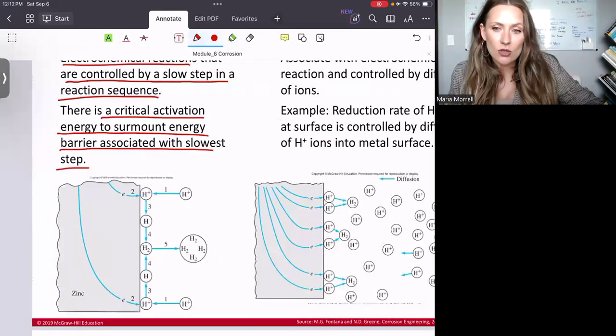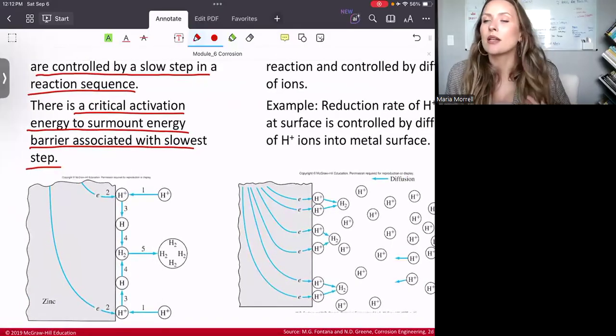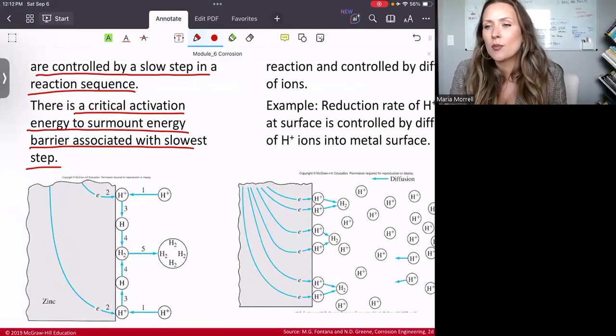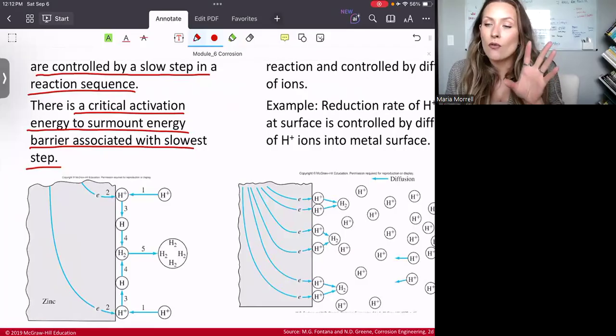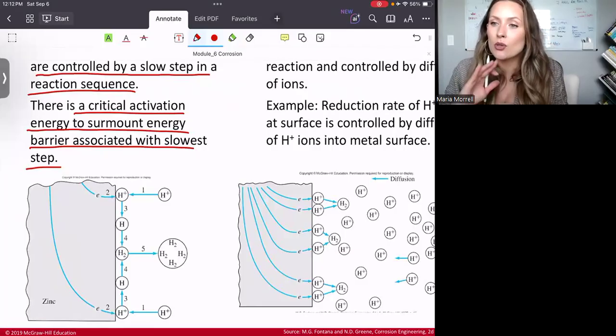And allow me to zoom in and explain what I mean by that. So if I am looking again at the example of zinc being corroded in hydrochloric acid, for this process to happen, I'm going to be looking at the reduction process, right?